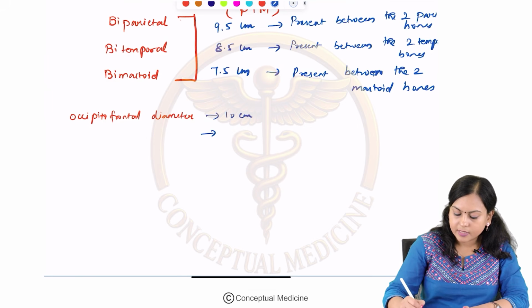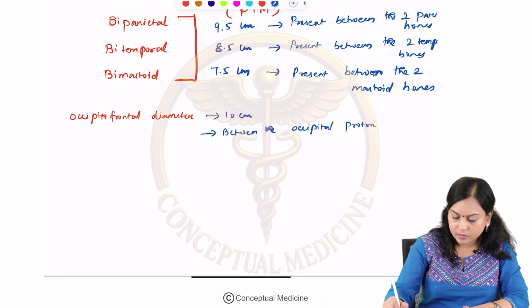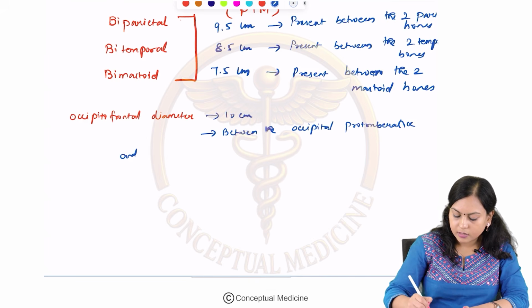From the name itself you would have understood, it is seen between the occipital protuberance and the frontal bone.